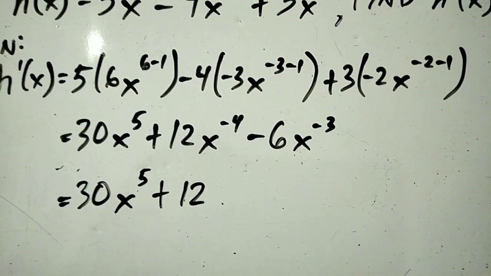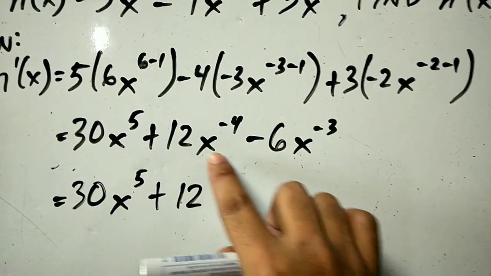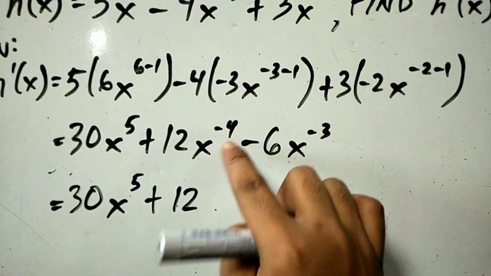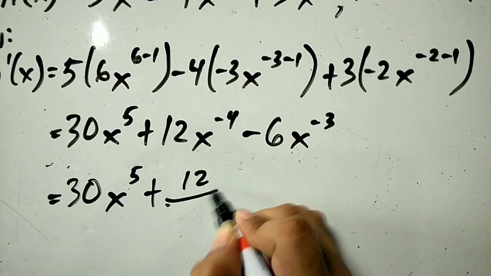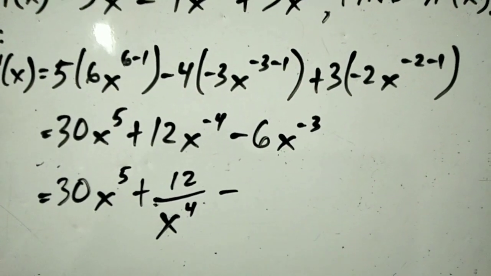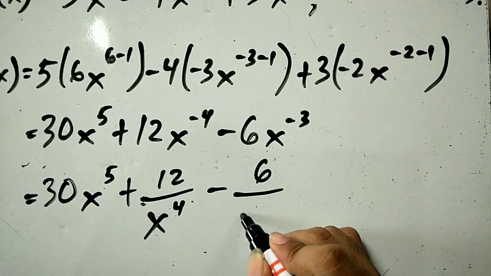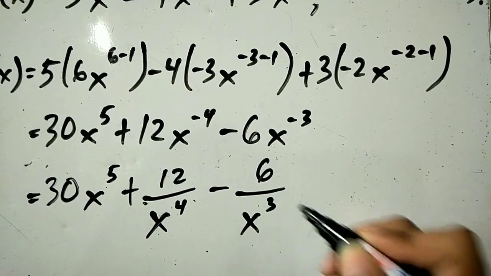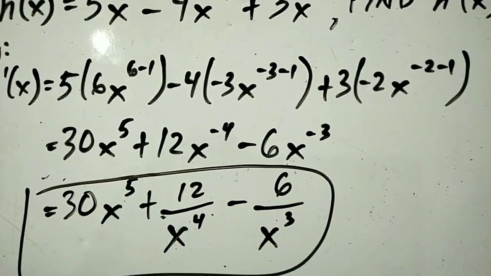Plus 12. Ilalagay po natin tong negative 4 sa baba. Minus 6x cubed. Ano po yung final answer?